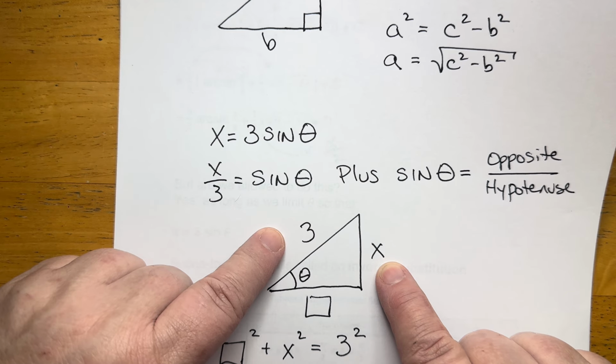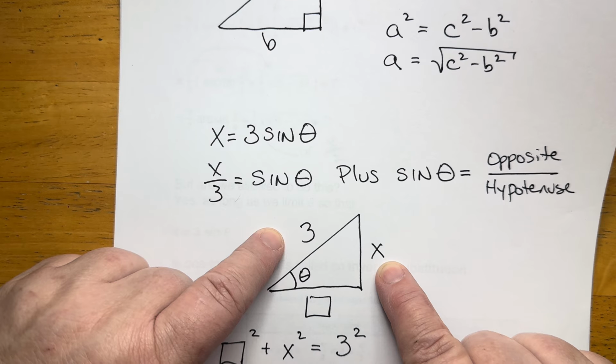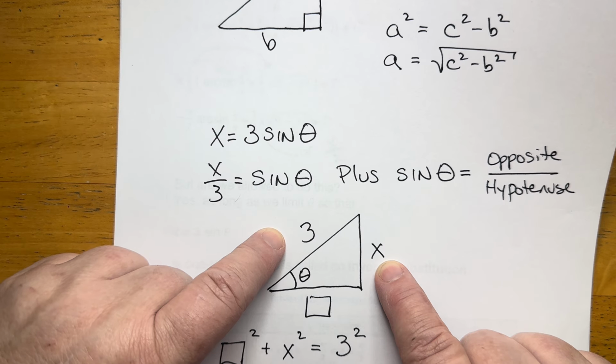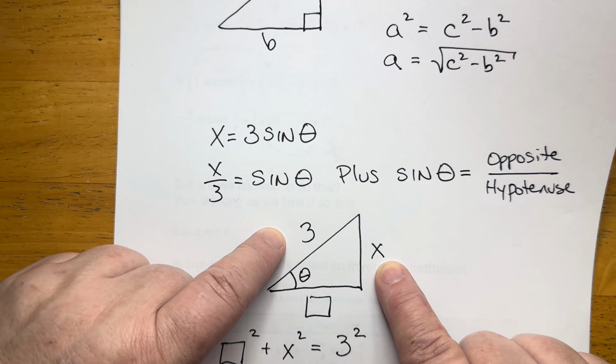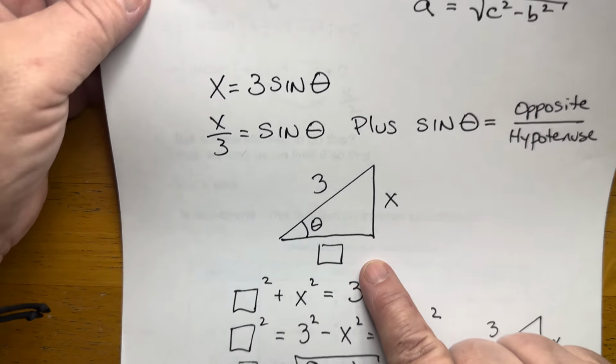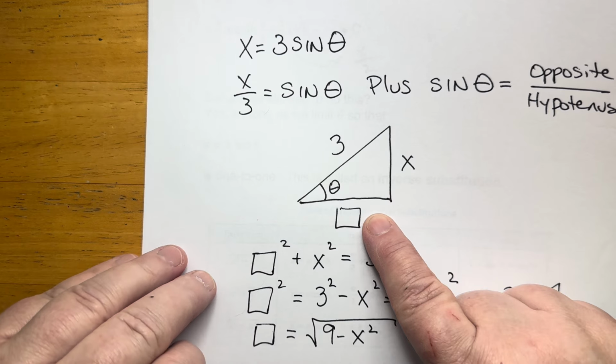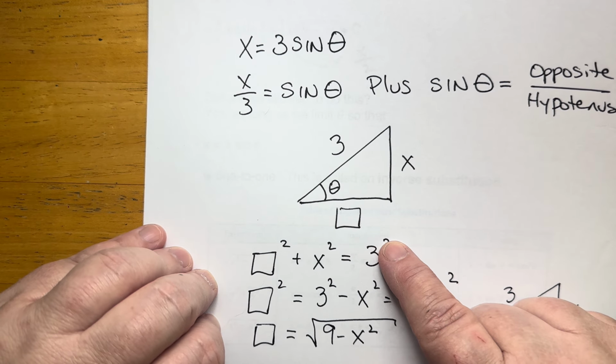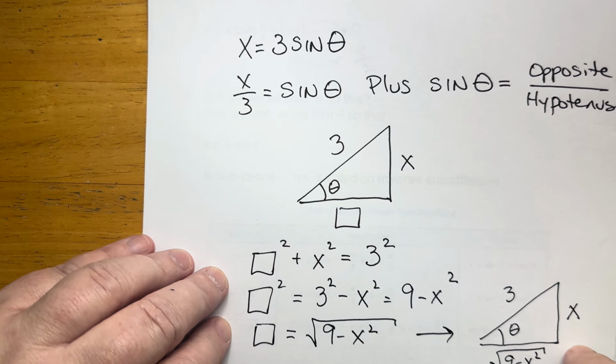Am I allowed to do this? Yes, absolutely, because we've got all sorts of interesting stuff that has to do with similar triangles. But I need to figure out what this length is. So I put a box there, you could put a letter there. I figured we've had so many variables at this point, I would just keep it visual.